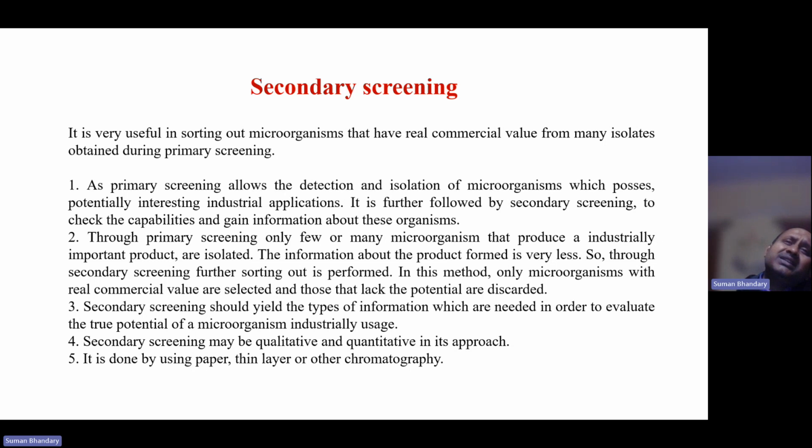So the secondary screening allows determination of the most efficient and suitable microorganism to be used for commercial production of the fermentation product from different potential strains as detected and isolated by primary screening.